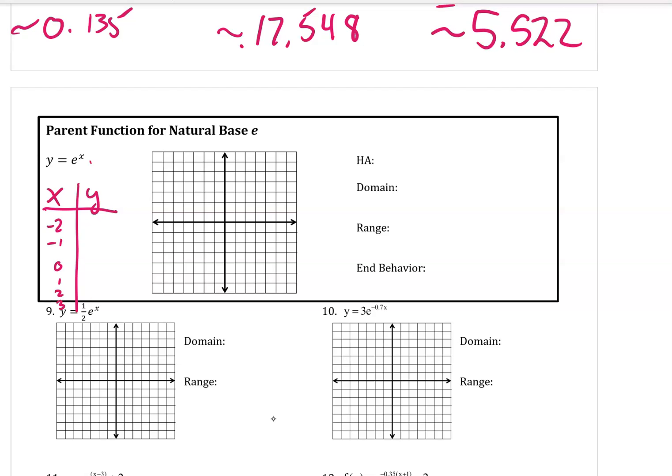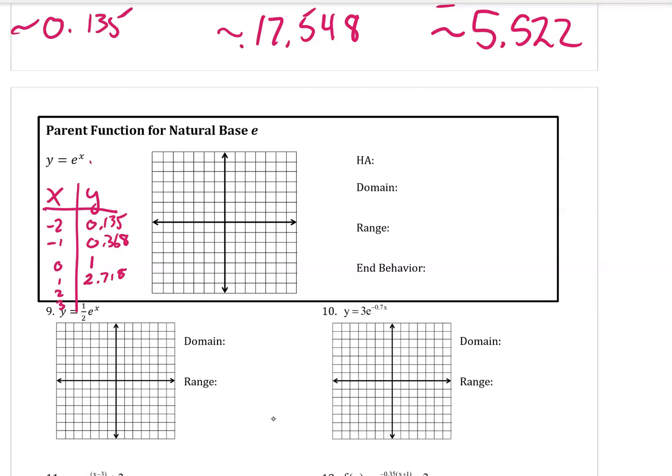Now I've plugged all these into my calculator already, so I'll just go ahead and write down my output. 0.135, 0.368. Anything raised to the 0 power is 1, except for 0, but e is not 0. Raised to the first power, about 2.718.